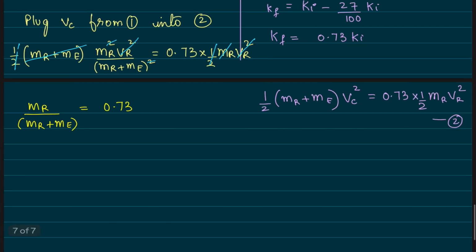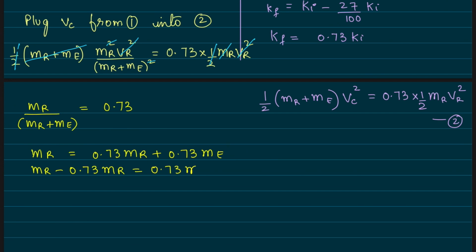So let's solve this one. Mass of rail equals 0.73 mass of rail plus 0.73 mass of engine. So mass of rail minus 0.73 mass of rail equals 0.73 mass of engine. Once you solve this, you will get 0.27 mass of rail equals 0.73 mass of engine.